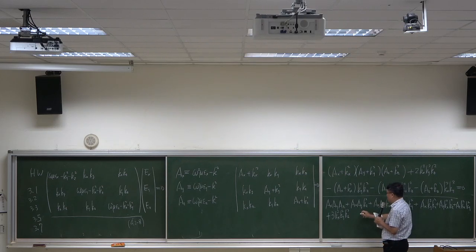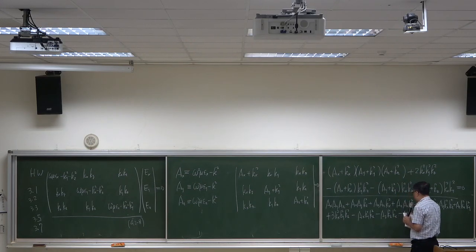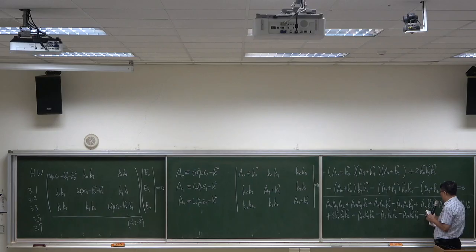And then minus Ax ky squared kz squared minus Ay kz squared kx squared minus Az kx squared ky squared, and minus 3 kx squared ky squared kz squared equal to 0.